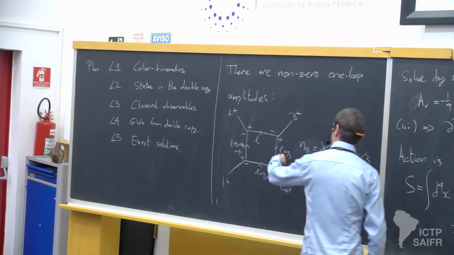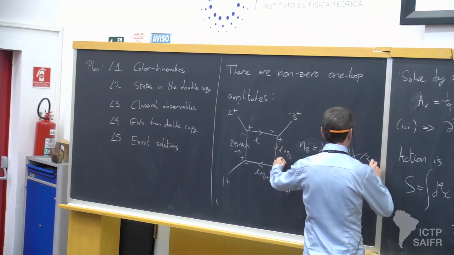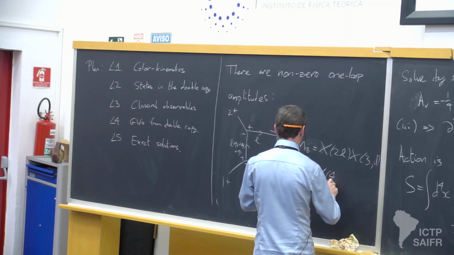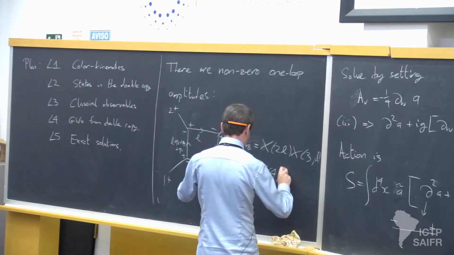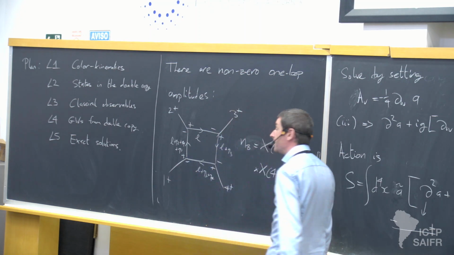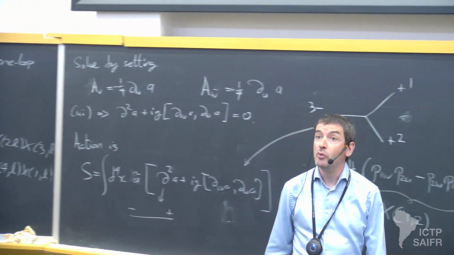So this x here will have x P3 plus L, so just the L I can drop, times x 4 L, x 1 L. And that is the numerator for that diagram.